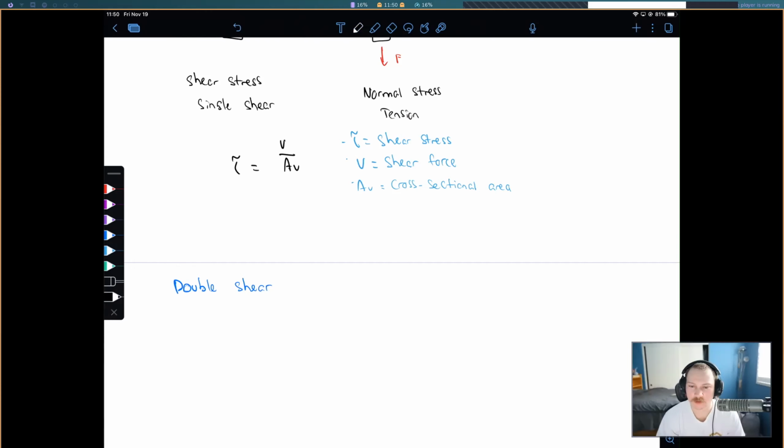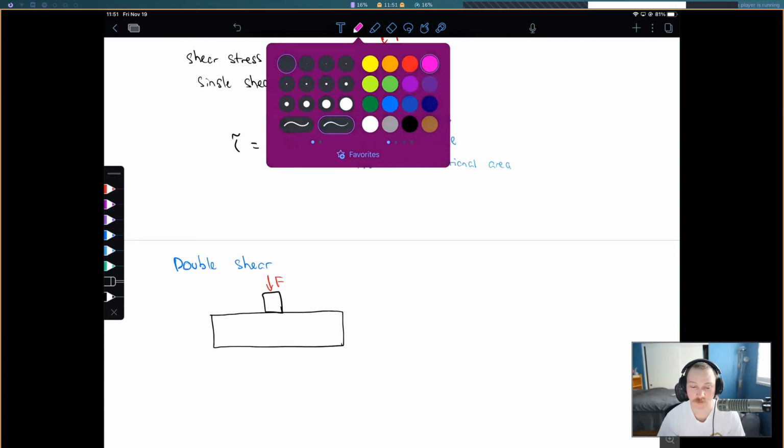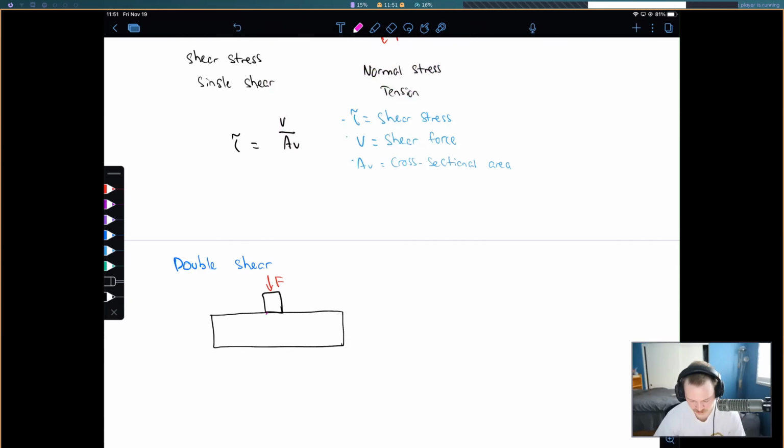Okay, so we have double shear, of course. So let's draw that little schematic again here. We have our force going down, and that's going to result in those two different surfaces being subjected to a shear force. So A1 and A2, they're going to shear off. We've got our double shear.